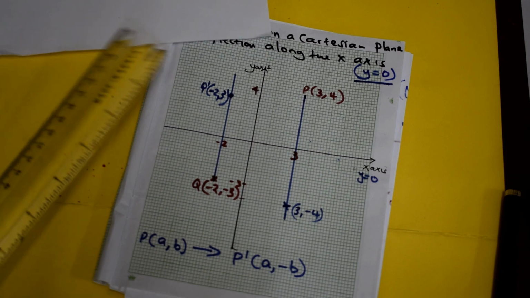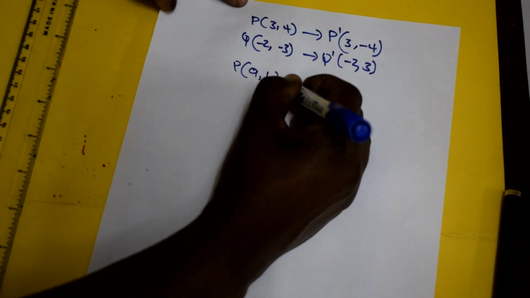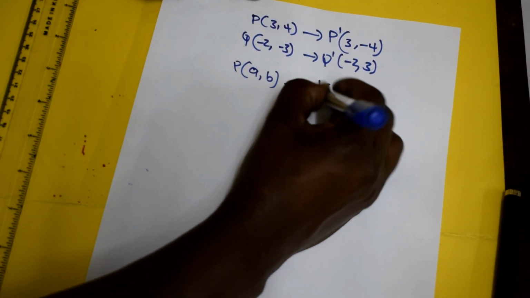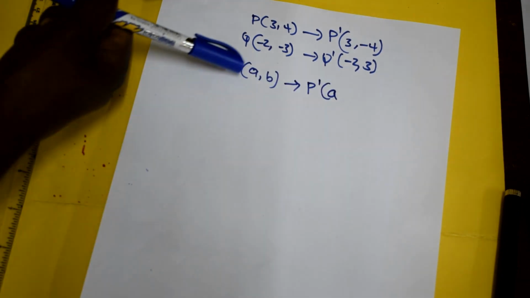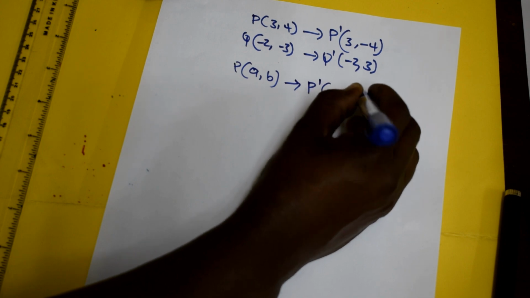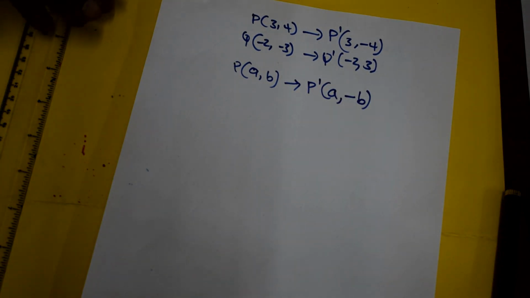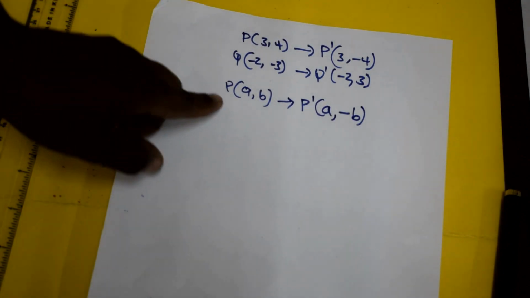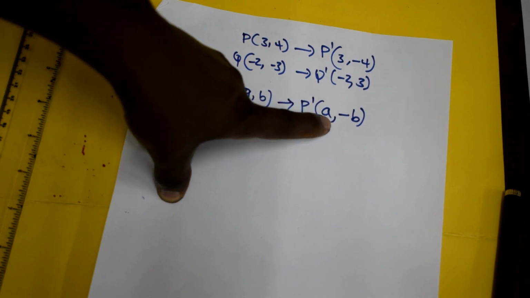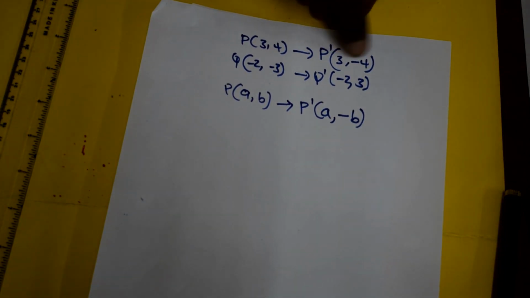Therefore, if a point is (a, b), then we can conclude that if it's a reflection along the x-axis, P prime will be a, because we have said the x-coordinate does not change. Then this one becomes -b. So a reflection along the x-axis will give us a point P(a, b) to P prime (a, -b), which is the case with (3, 4), we get (3, -4).